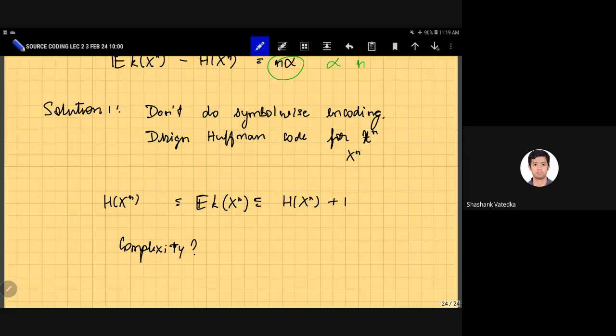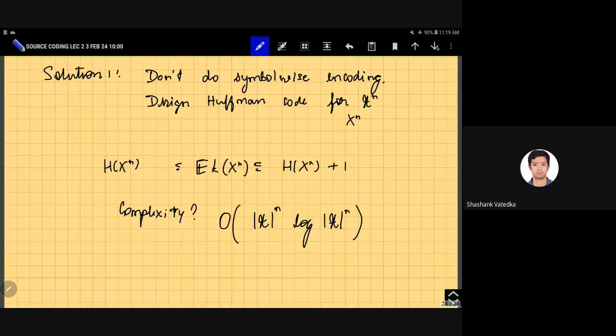So the complexity, as Ritwik mentions, is that the alphabet size is now cardinality of x to the n. So the complexity will be cardinality of x to the n log cardinality of x to the n.